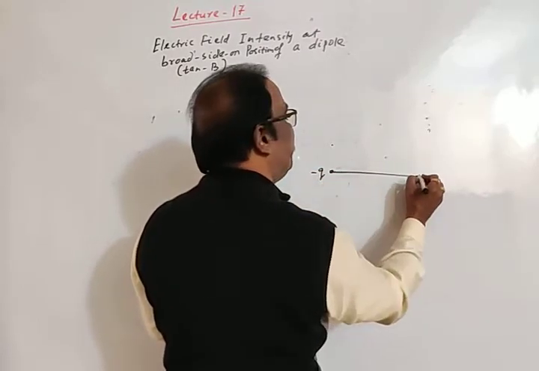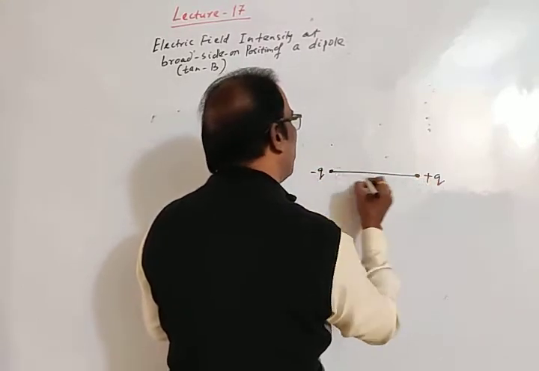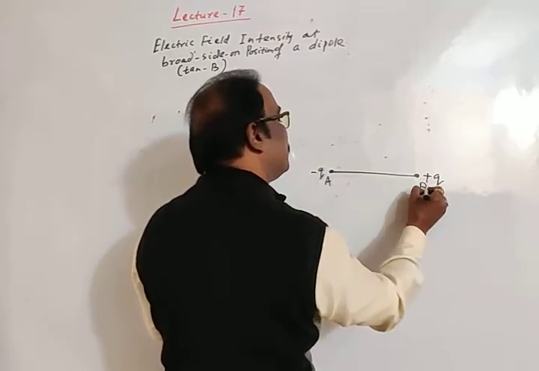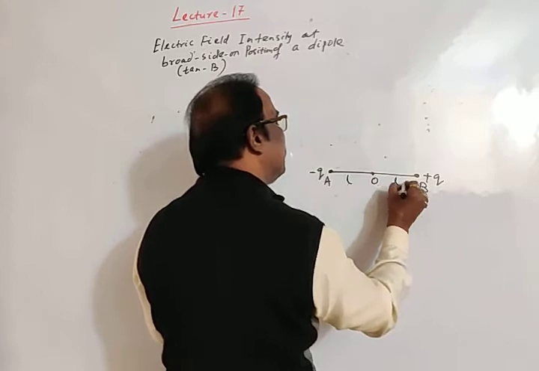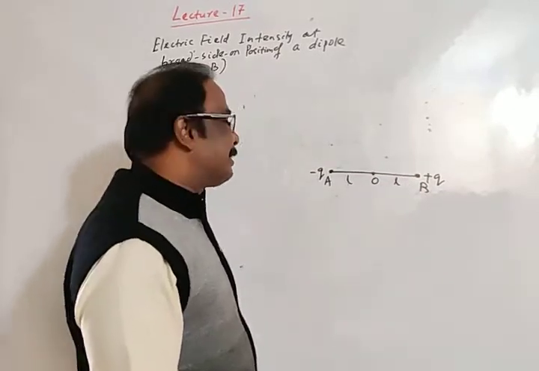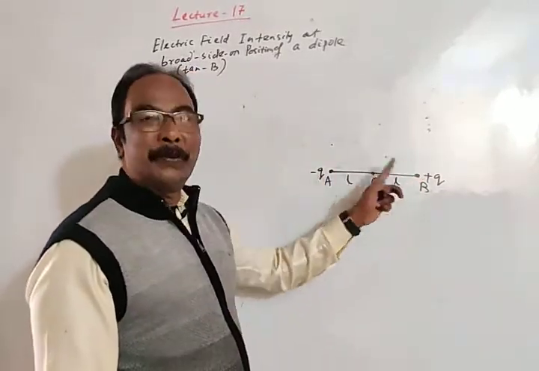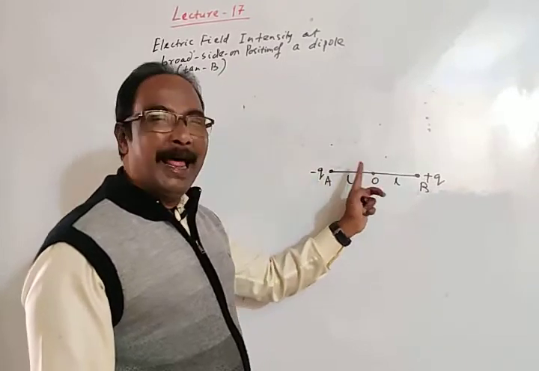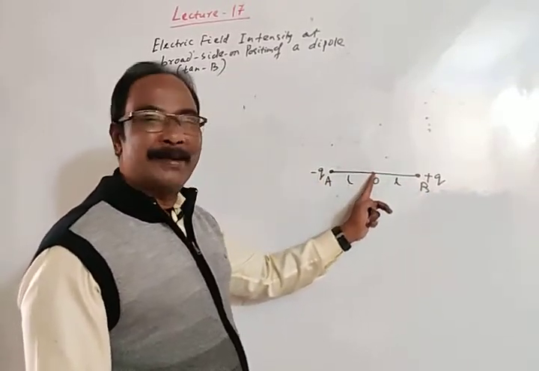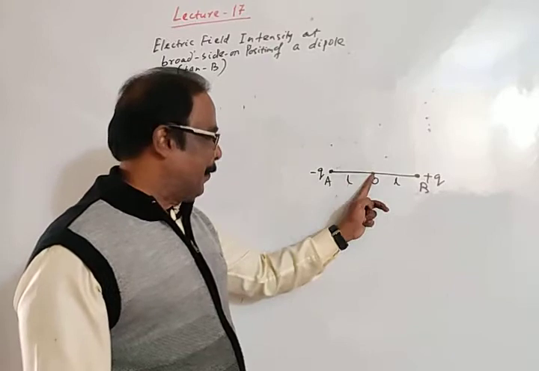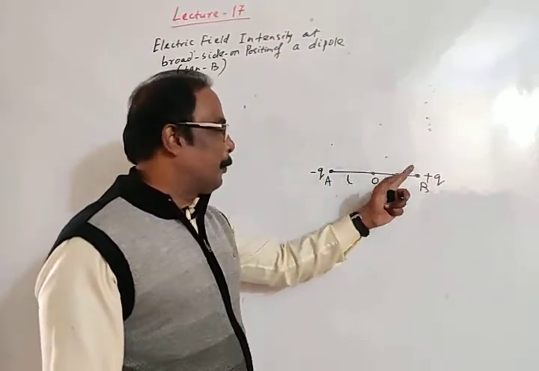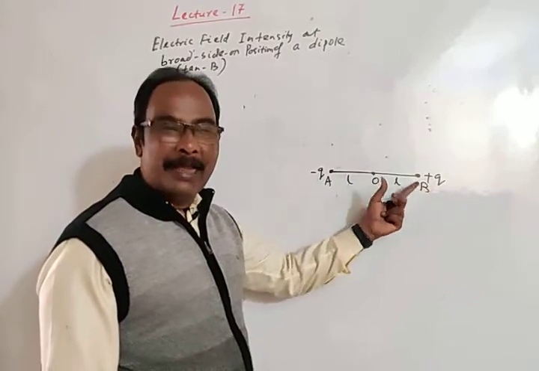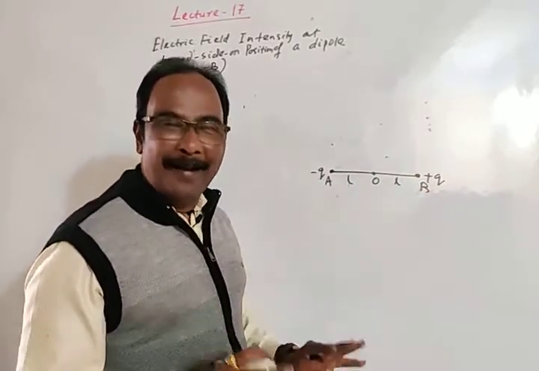This is minus q, this is plus q, the dipole is AB, and this is the center of the dipole O. This distance is L, this distance is L, meaning the length of the dipole is 2L. So O is the reference point. From O to the position of minus q is L, from O to the position of plus q is L. So O is the center of the dipole or reference point.